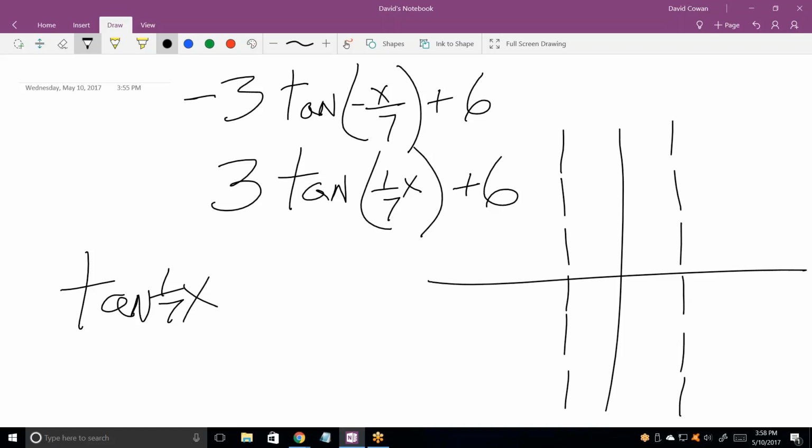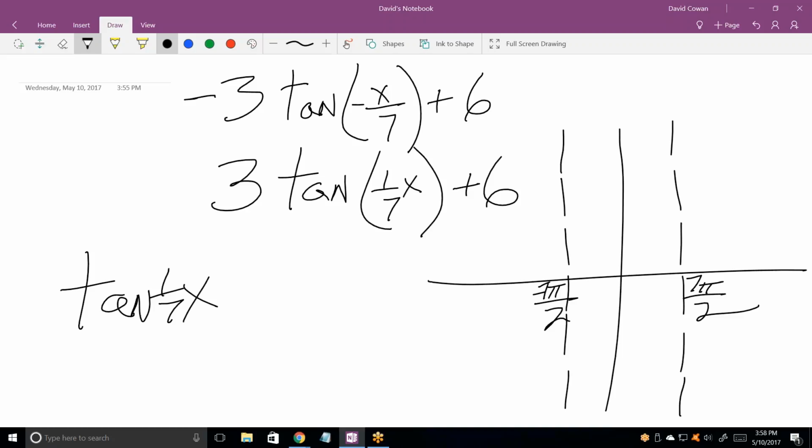Instead of this being minus pi over 2, it's going to be minus 7 pi over 2. Instead of this point being pi over 2, it's going to be 7 pi over 2. Because we have a horizontal stretch.